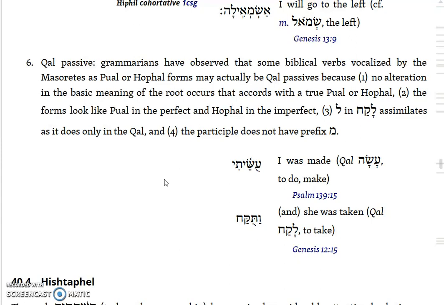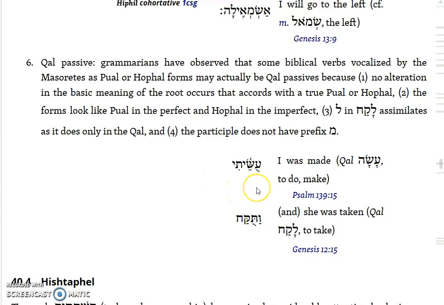And two, the forms look like a pual in the perfect and a hofal in the imperfect. And the lamed in lakah assimilates as it does only in the qal. The participle does not have a prefix mem.